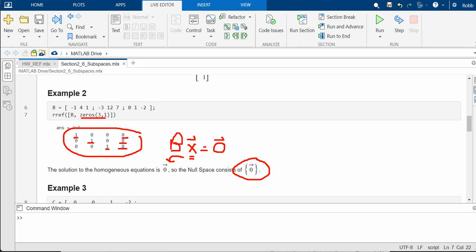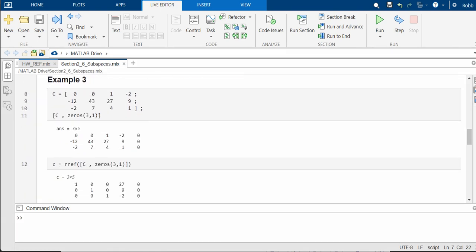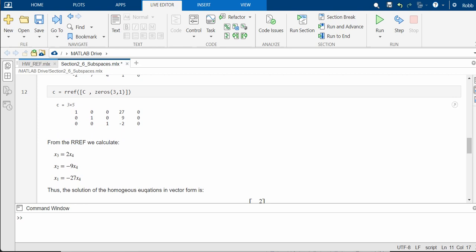So let's get rid of the ink and try one more example of the null space. And again, this is from the online examples. And when we do matrix C and the RREF form, notice this, right? So again, the equal sign is here, but I can move this over.